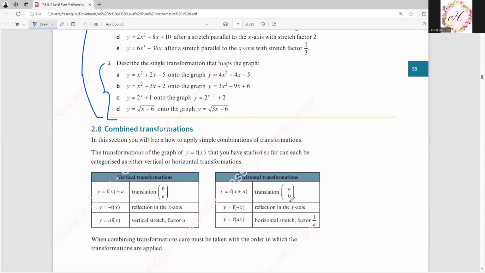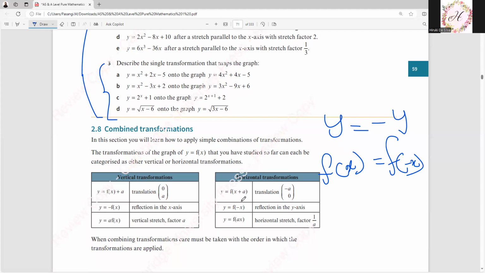It's not y equals minus y; the x value will be changed. Earlier it was f(x), now it's f(minus x).